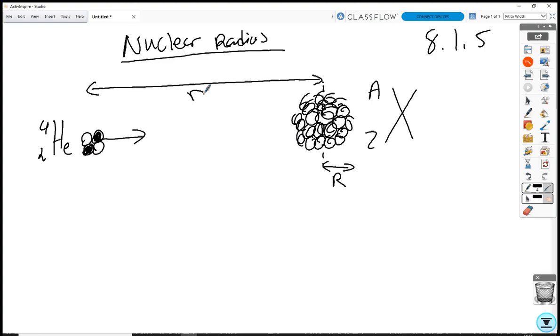Now, when this helium nucleus gets close to the larger nucleus, it's going to slow down. And at some point it's going to stop, and it might even turn back around and go back. So the kinetic energy of the helium nucleus does work against the electric field of the larger nucleus because they're both positive. So if we consider that, we've got Ek turns into Ep.